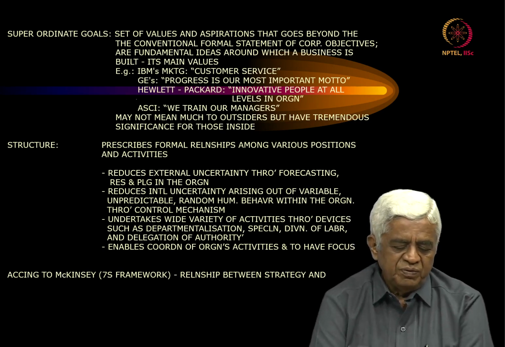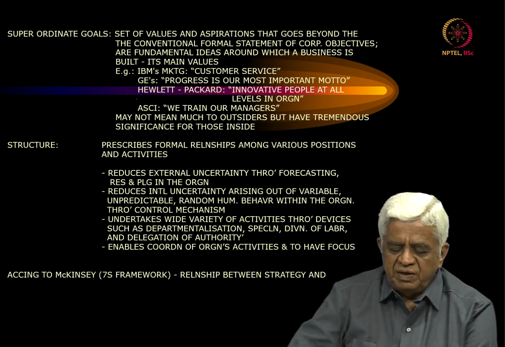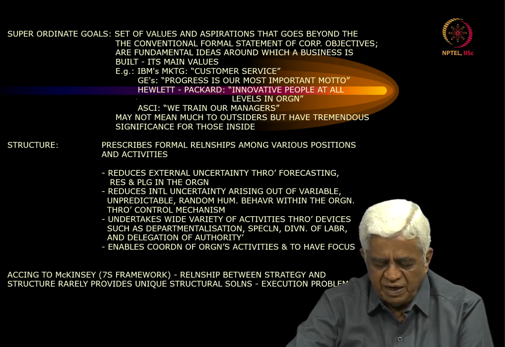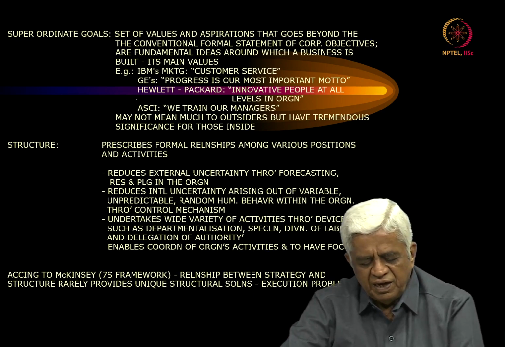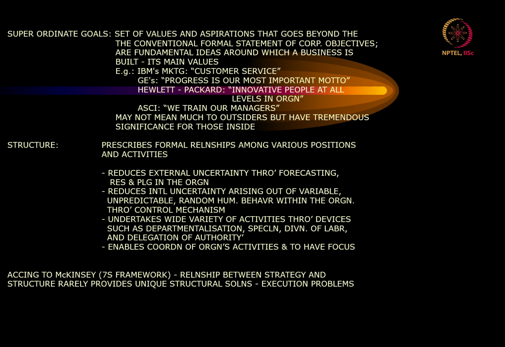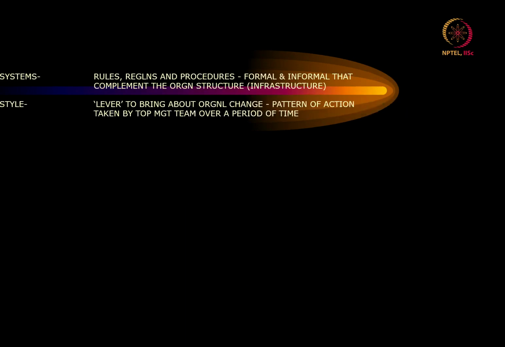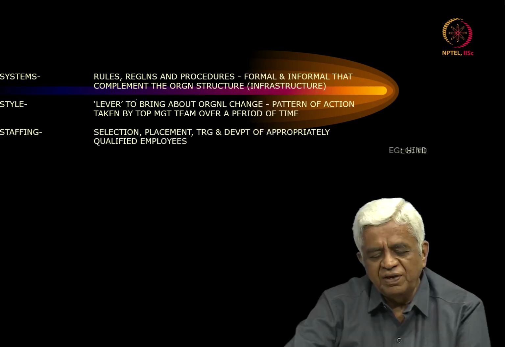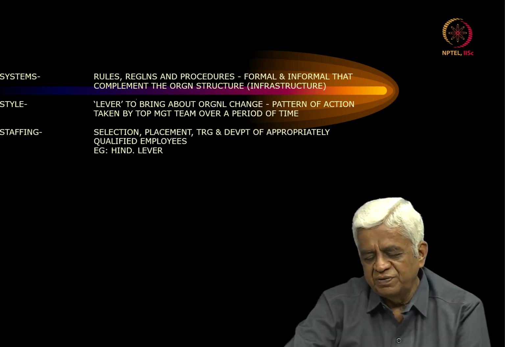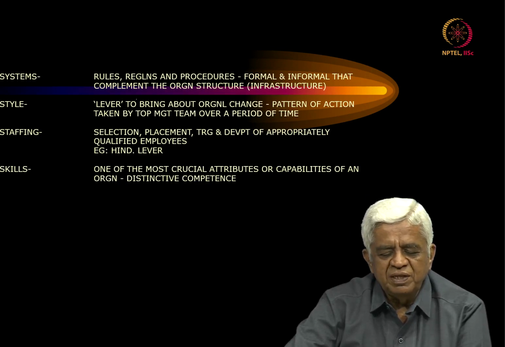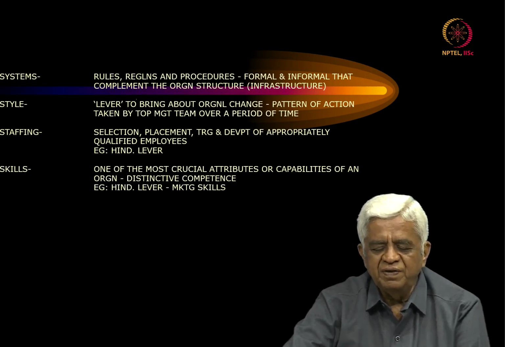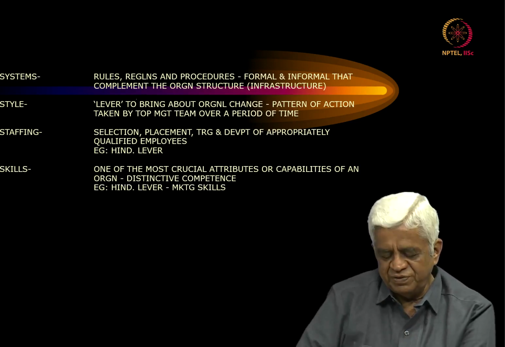Okay. So, according to McKinsey, the relationship between strategy and structure rarely provides unique structural solutions to execution problems. Now, the third is systems, standing for rules, regulations and procedures, formal and informal, that complement the organization structure, referred to as infrastructure.